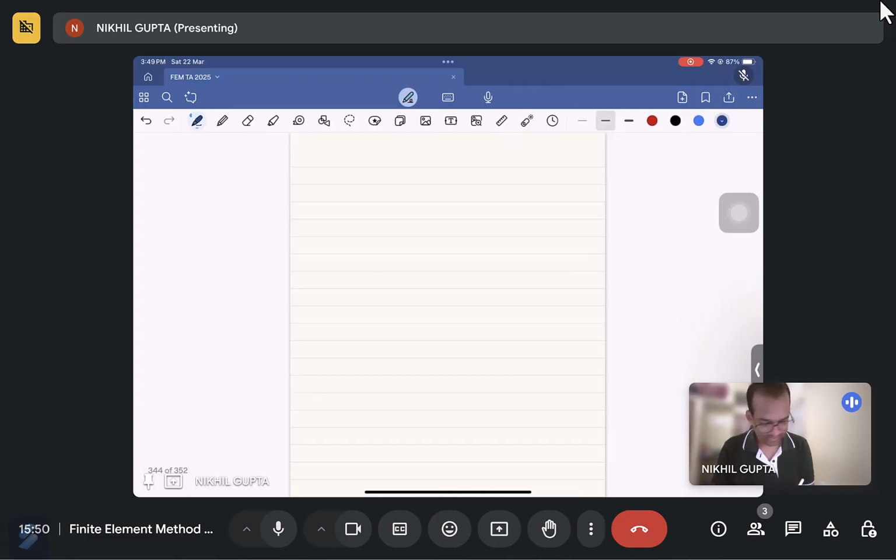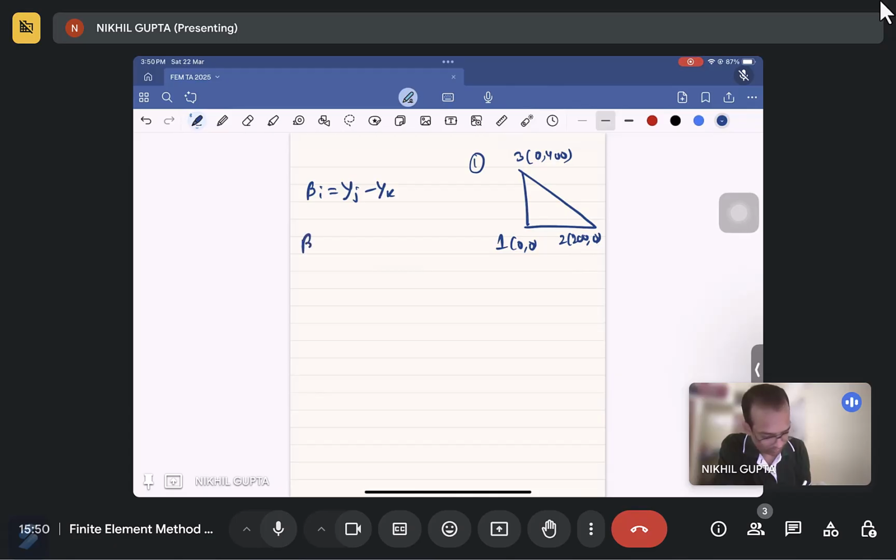So we have to find the value for element 1. Node 1 is 0, 0; node 2 is 200, 0; and node 3 is 0, 400. Beta i is given as yj minus yk. So beta 1 is 0 minus 400, so minus 400. Beta 2 is 400 minus 0, so 400.